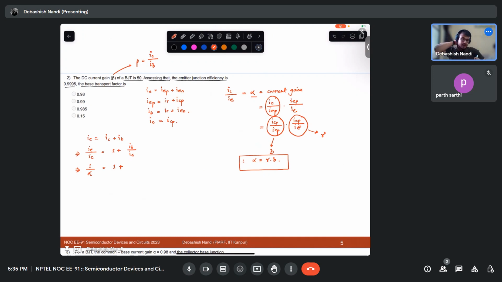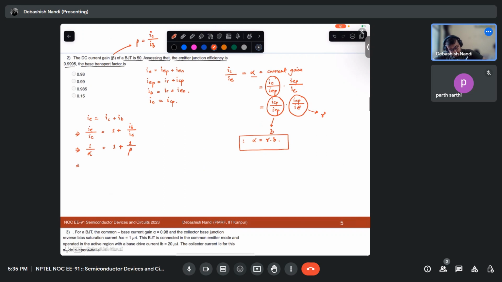This is also called a current gain. We will get to know which current gain is to be used in which cases of the bias or the BJT configuration. So IB by IC will be 1 over beta. If we simplify it, alpha would be equal to beta over beta plus 1. So we can write it this way.